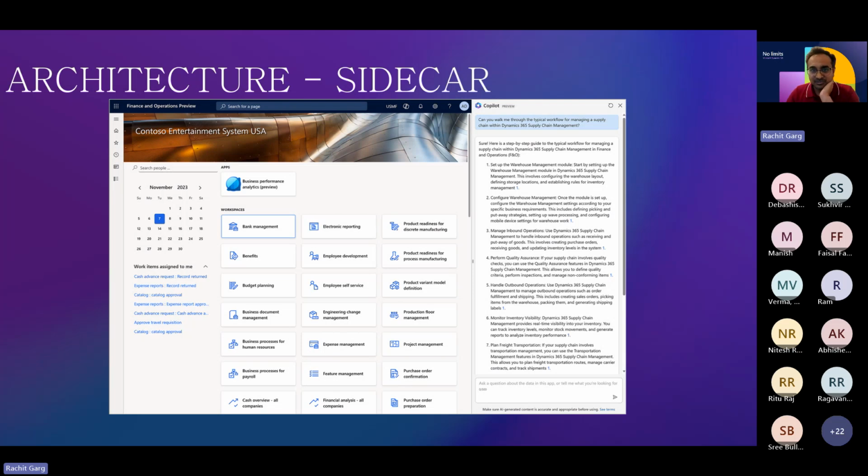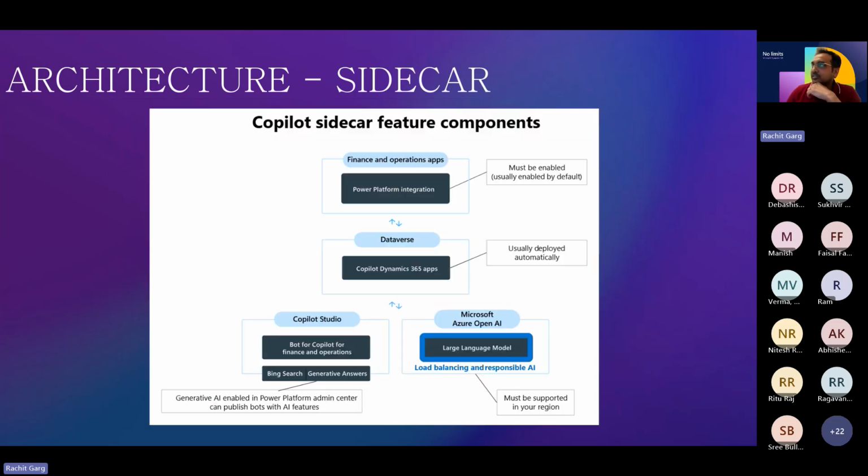People are giving a lot of feedback to Microsoft. And this is where you can actually build extensions in this particular chatbot. So when we say we can extend Copilot, which is shipped with finance and operations, we are actually extending this sidecar here. How it works is basically the same pattern. Finance and operations is integrated with Dataverse using Power Platform integration.